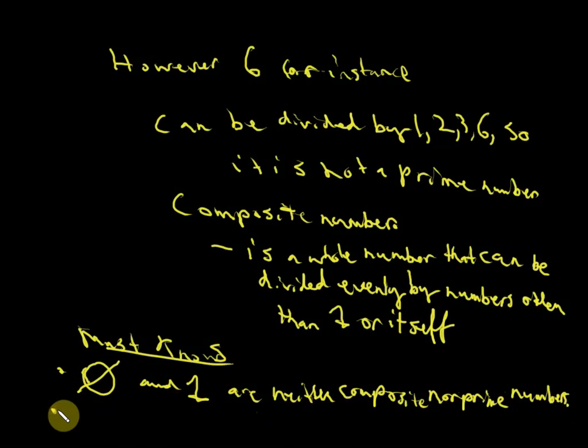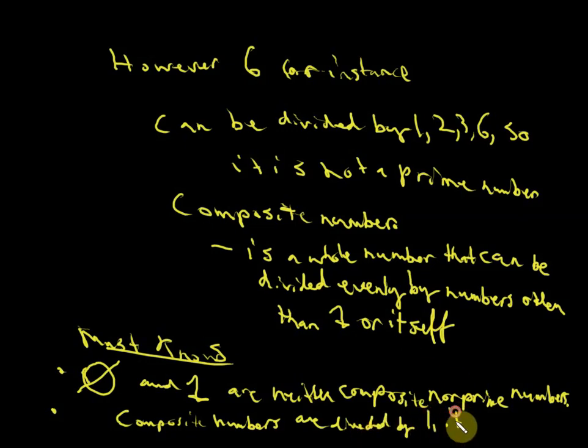And then the other one is that composite numbers are divided by 1, itself, and other positive numbers. Okay.